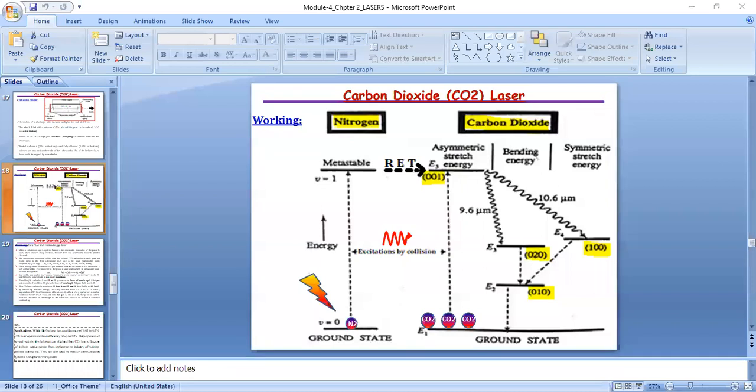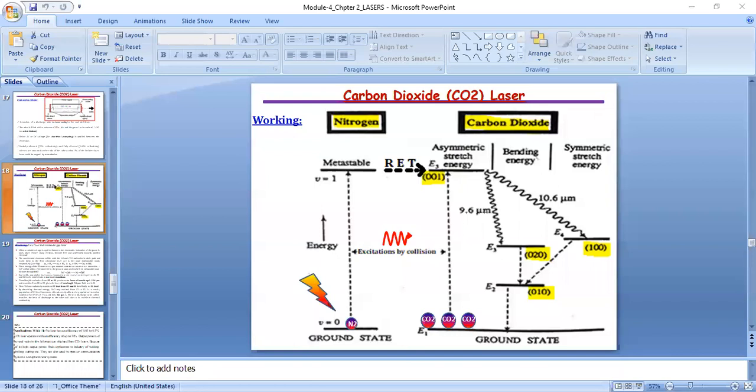Here you can see N2 is in the ground state, and the electrodes which are connected in the tube, our cathode, release electrons. As soon as an electron hits a nitrogen molecule, this nitrogen molecule gains the energy and goes to the excited state. Simultaneously, a few carbon dioxide molecules may also be hit by the electron, and they also go to the excited state.